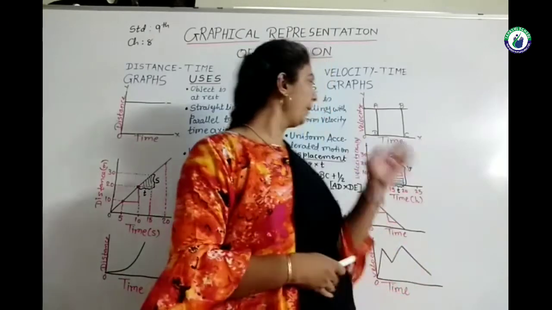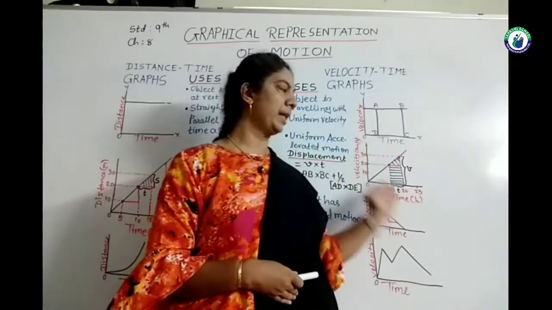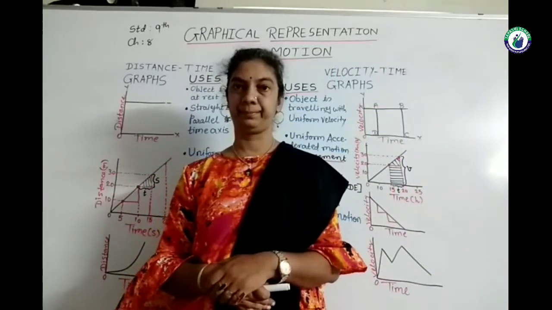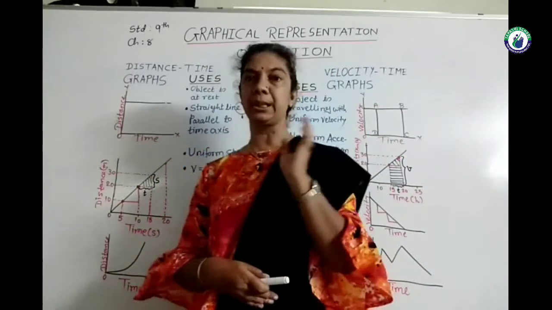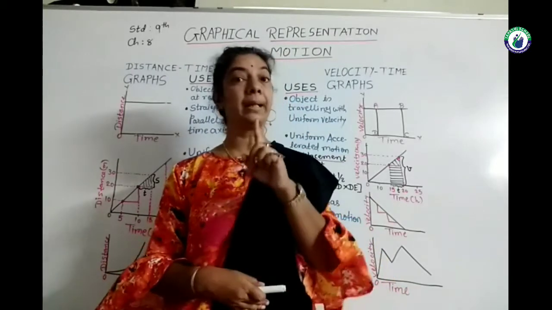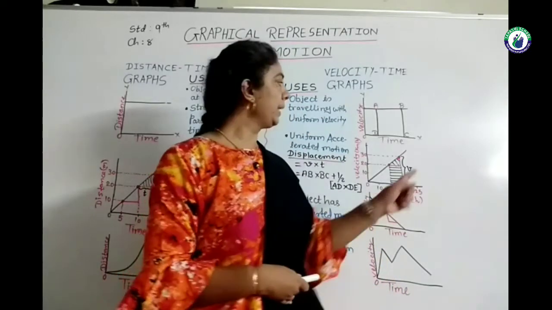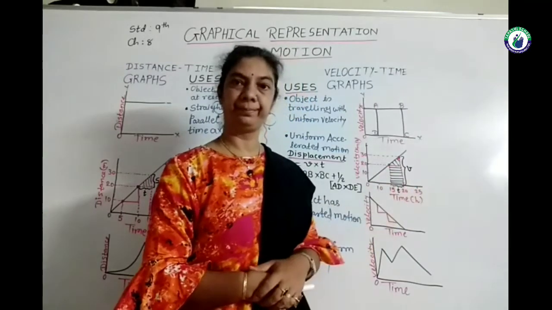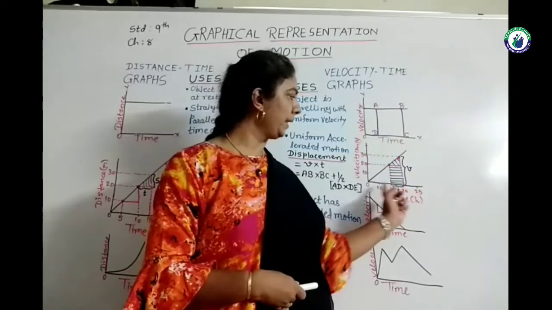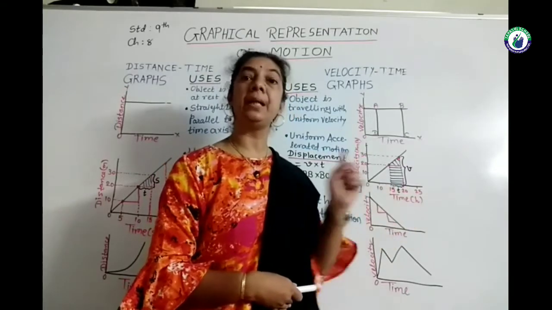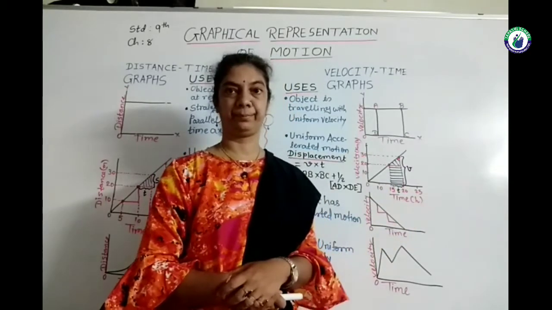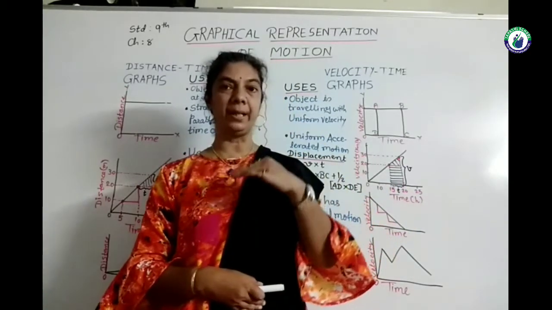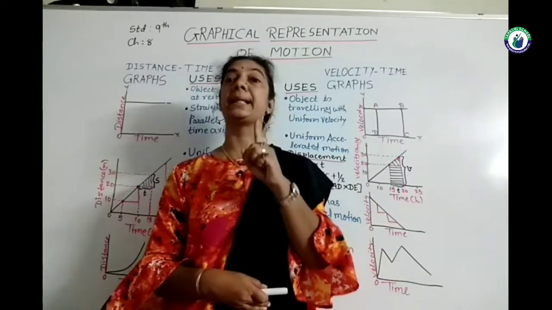We have the same kind of shape for velocity against time. In this also we can do the same type of calculation, but here this line is representing the velocity and this line is representing the time. So velocity divided by time gives us acceleration.